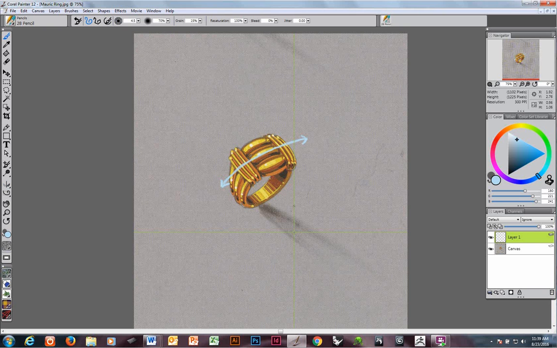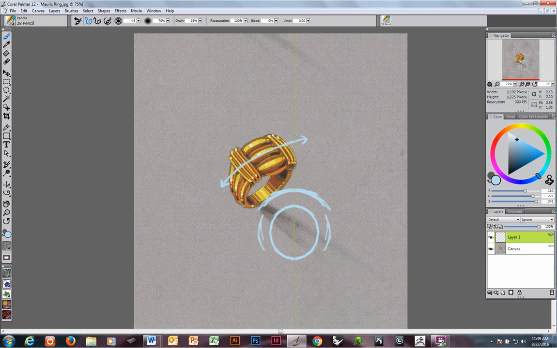I'm pretty sure that what my friend had in mind is something that flows along the finger. Okay? I'm pretty sure he wanted something that just wrapped around the finger.